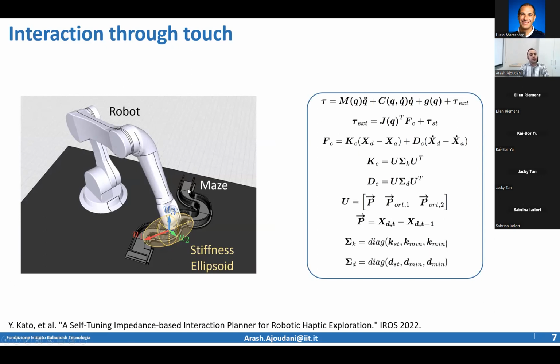So just to give you an idea of how this can work only by relying on touch, imagine you have a robot that wants to go through a maze. This example can be compared to an electrician who comes to your house and tries to insert a cable into one hole so that it comes out of the other hole, without even knowing what the path of the maze looks like. You can insert the rod, and it comes out from the other side only by relying on the constraints that come from the environment.